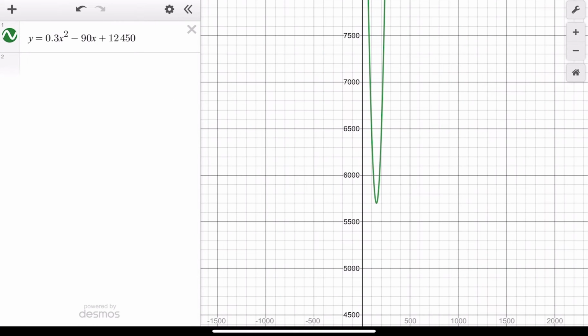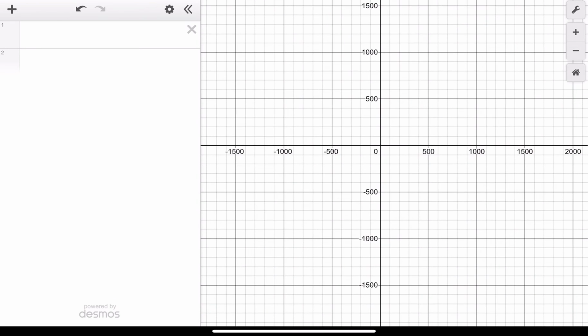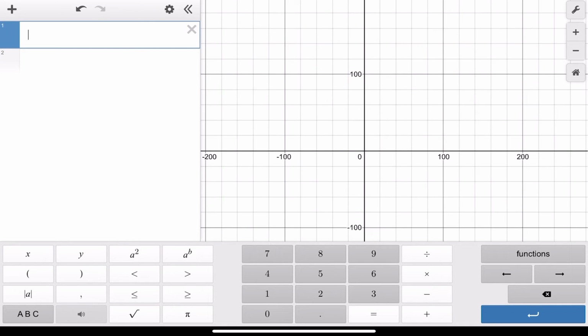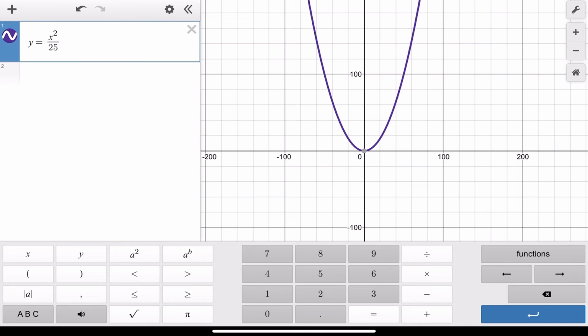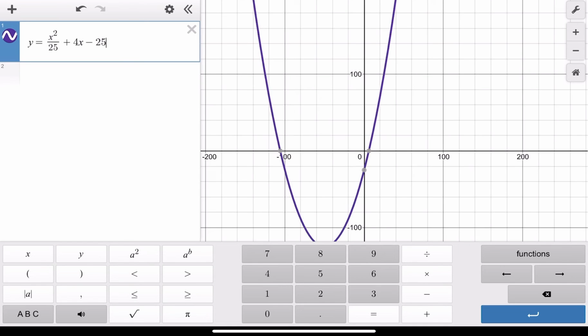So again, I am in Desmos. I'm going to clear out the graph that I had. I'm going to go back to like 0-ish, and I'm going to put y equals d squared divided by 25 plus 4d minus 250.